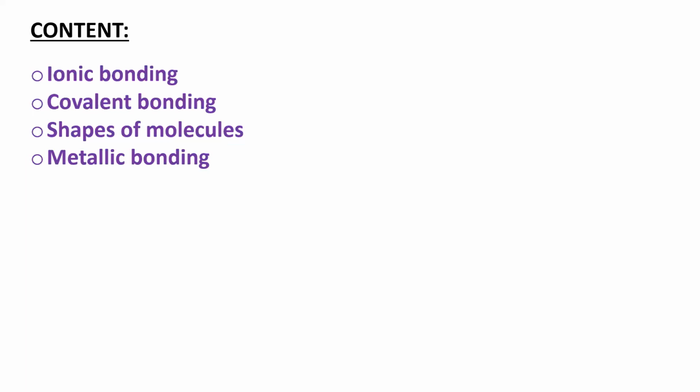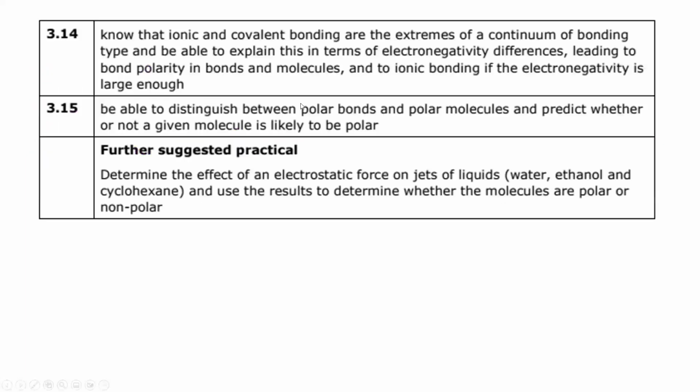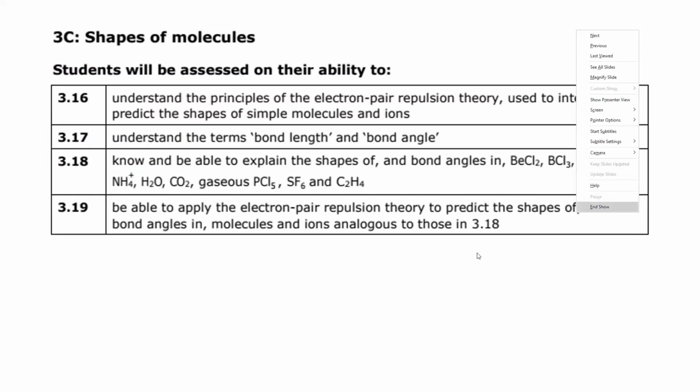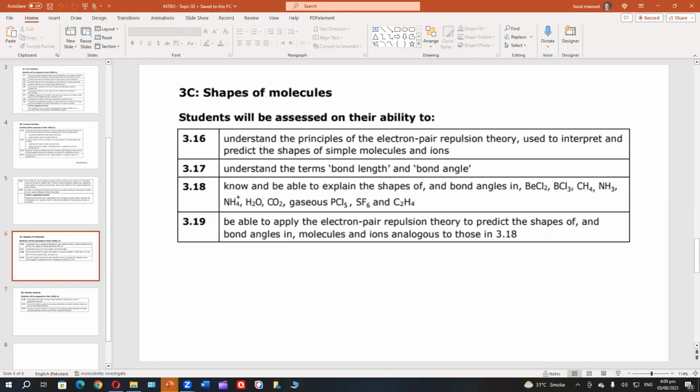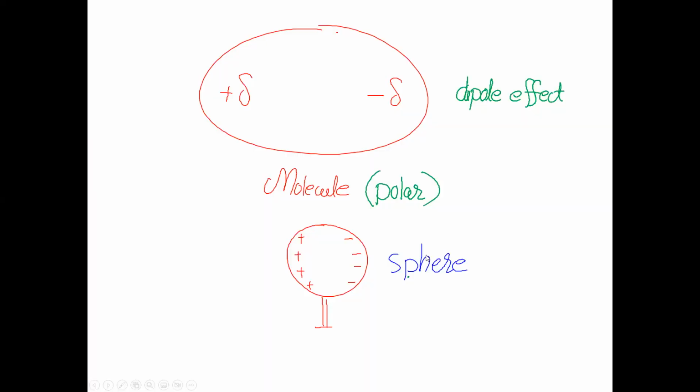And you remember that we started with ionic bonding and covalent bonding. Last time we did shapes of molecule, and also we had started the concept of dipole moment. Remember this word, Shahid, the word molecule is very important to understand in chemistry.